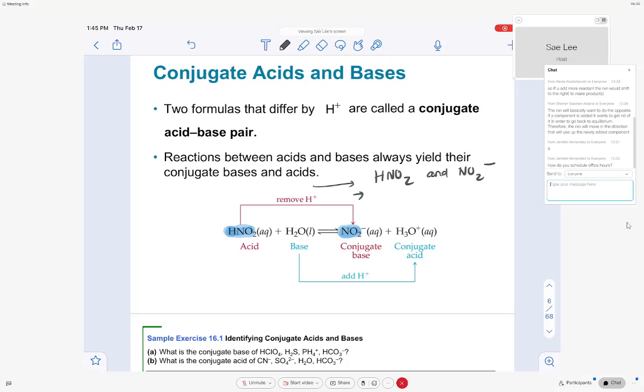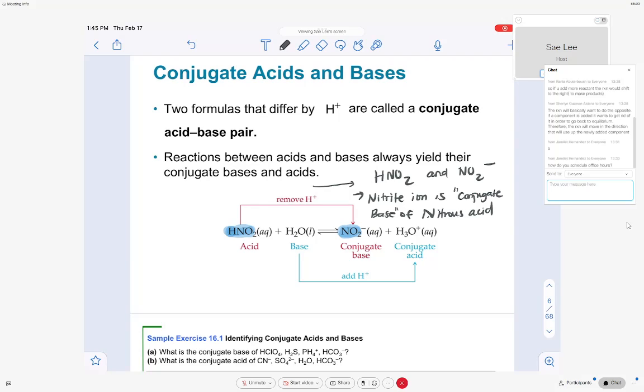We say nitrite ion is a conjugate base of nitrous acid.